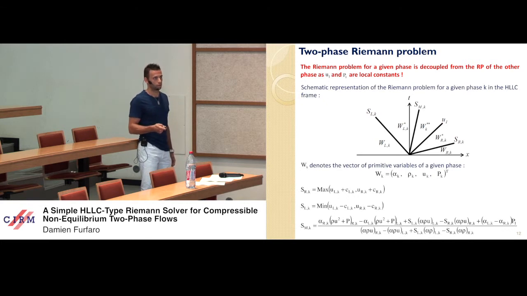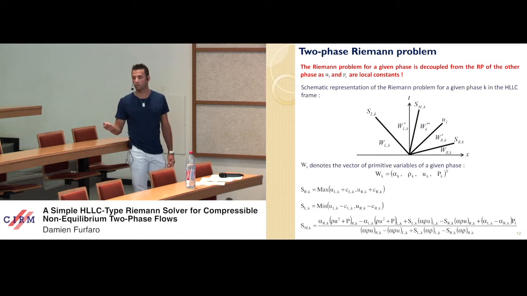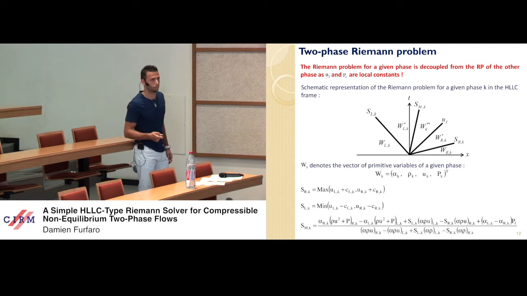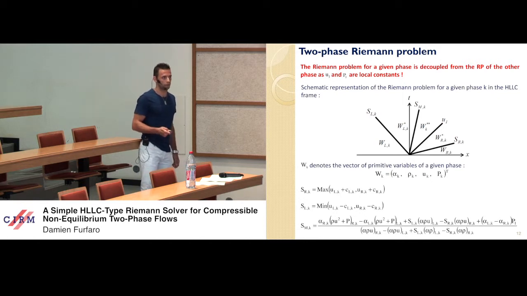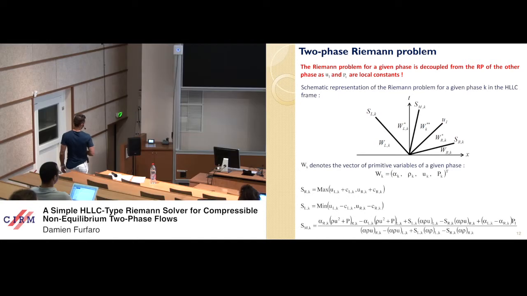SLK and SRK are estimated with the Davis approximation, and the contact wave is calculated with the HLL approximation. We can see here the presence of a non-conservative term, which depends on interfacial pressure. So, for each phase, we have to solve the Riemann problem with these 4 waves.